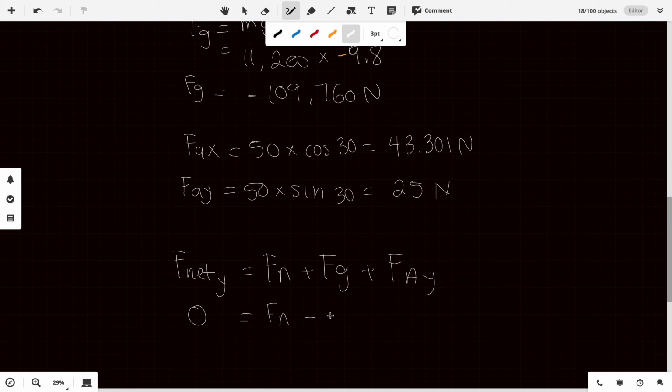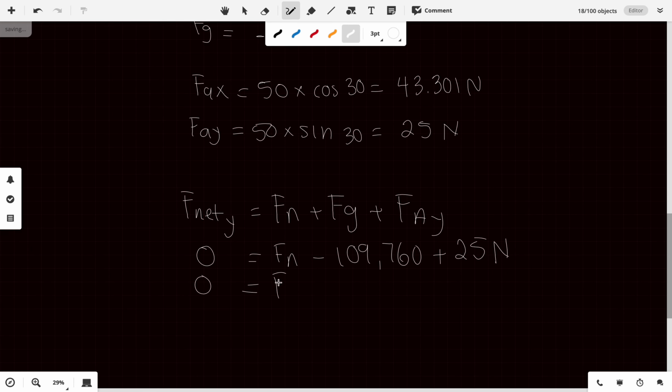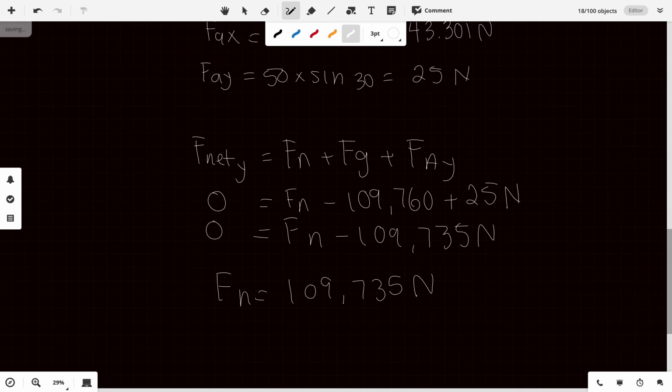Fg we know is minus 109,760, and Fay we know is 25 newtons. When I simplify the right side, I get Fn minus 109,735, and then I'm going to bring this onto the left side. So Fn is now 109,735 newtons. Notice that it's now positive.